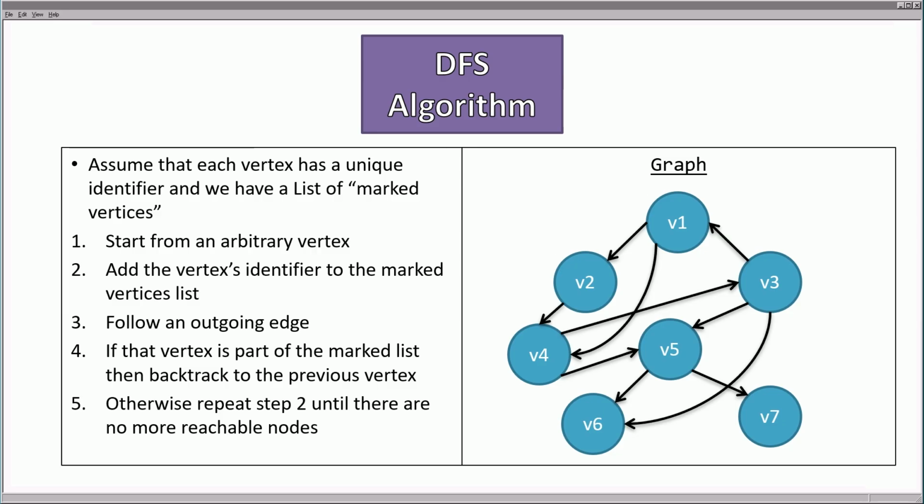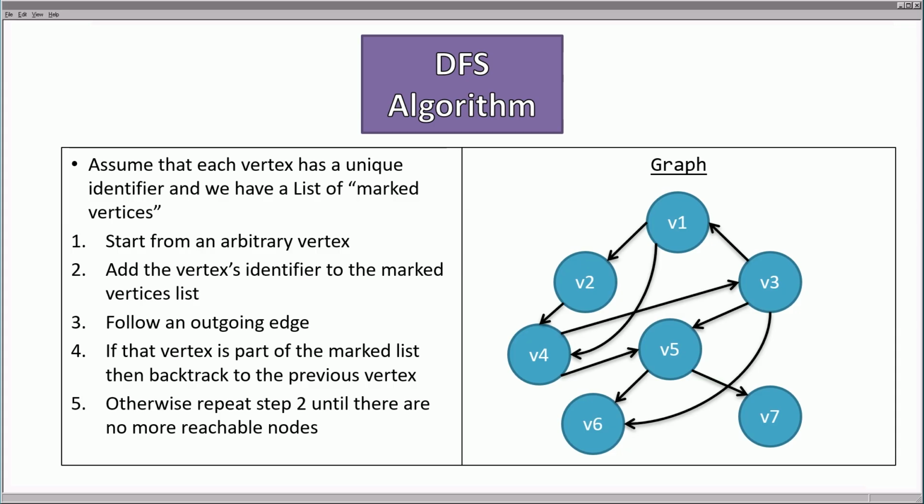A graph is allowed to have cycles, and as we can see over here, there are several cycles in this graph. So unlike the tree version, what we need to do is first establish that each one of the identifiers is unique. So in other words, vertex v1, v2, v3, all of the vertices have to have some sort of unique name. And along with that, we'll have a list of what we call the marked vertices to keep track of which vertices that we have already traveled to.